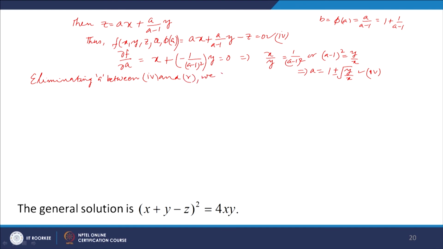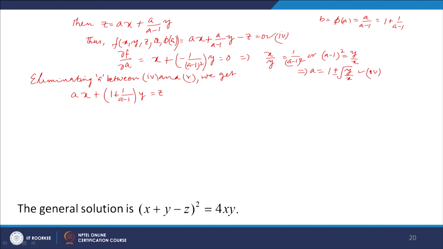we get, a x plus 1 plus 1 upon a minus 1 into y equal to z.